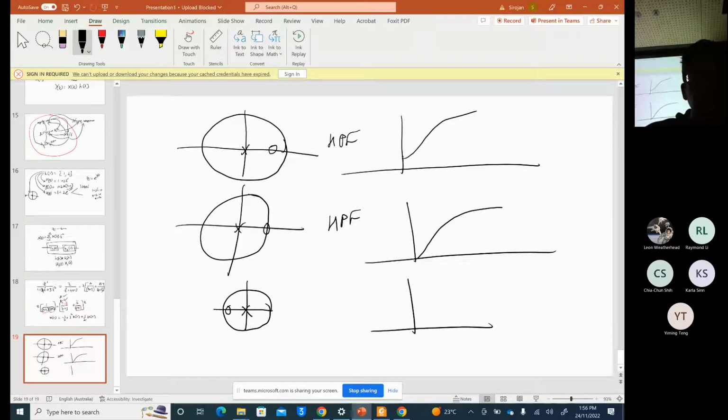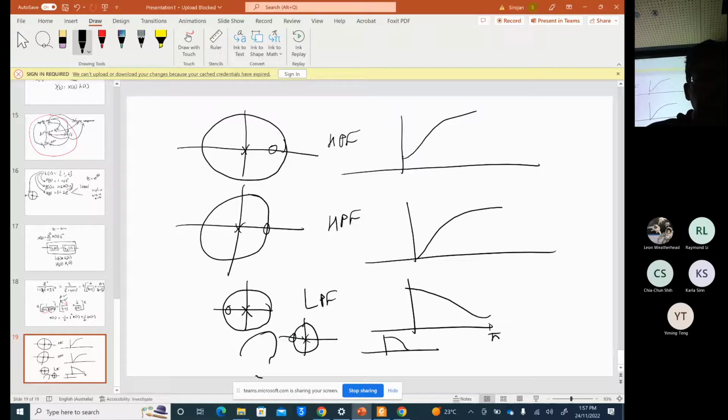This is the pi axis, so at pi it has to be a low value. So this will be a low pass filter. And again, when the zero is actually on the unit circle, it will touch zero at pi.